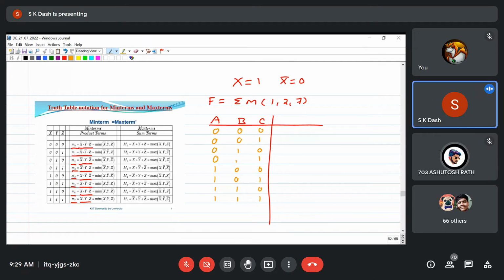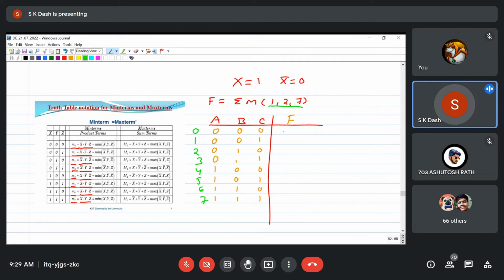So this is F. First of all, how to write this? This is 1 to 7. 1 to 7 means what? This is 0, this is 1, this is 2, this is 3, this is 4, this is 5, this is 6, this is 7.